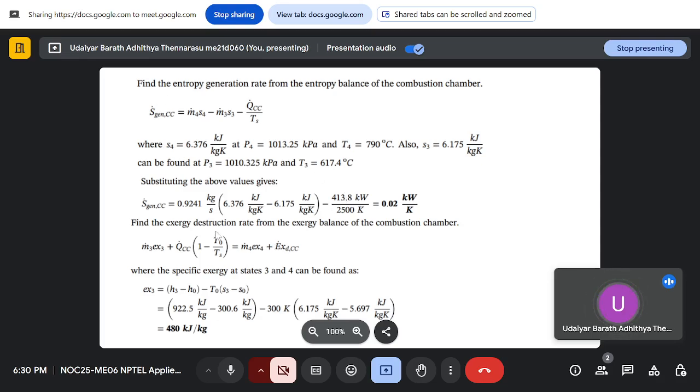For that, if you do an entropy balance across the combustion chamber, we'll get entropy generated as the entropy going out minus entropy coming in, minus heat added divided by the source temperature here.